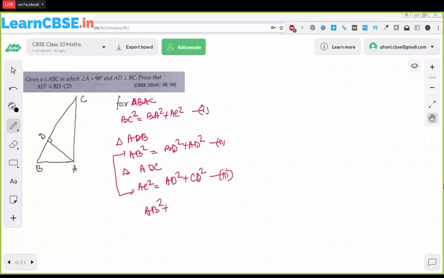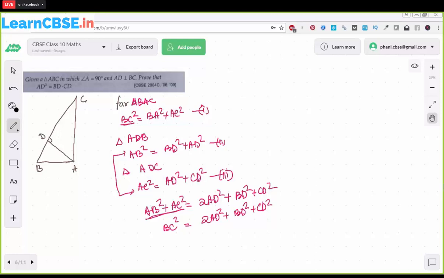AB square plus AC square equals to twice of AD square plus BD square plus CD square. Now, AB square plus AC square can be replaced with BC square. So I'm replacing it with BC square equals to twice of AD square plus BD square plus CD square.